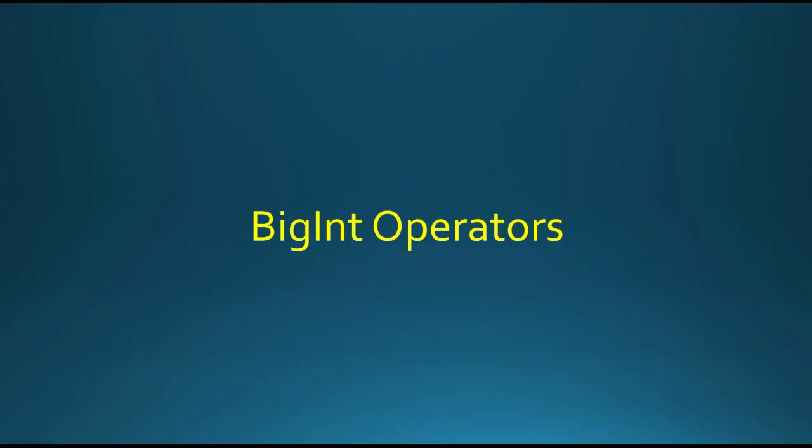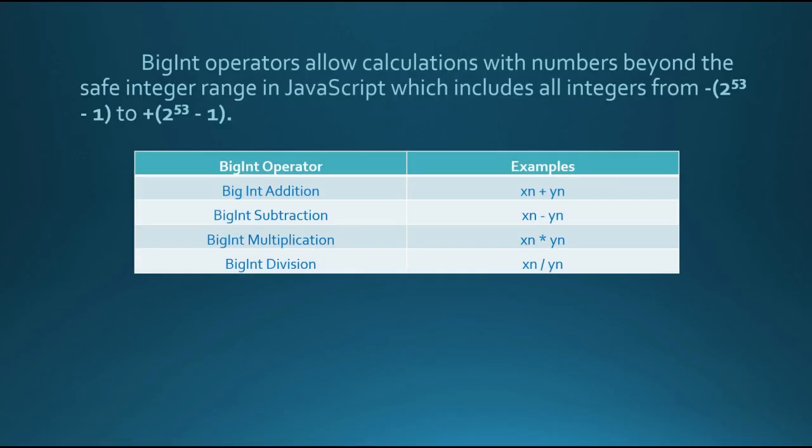BigInt. BigInt is a built-in numeric data type in JavaScript that allows representing integers with arbitrary precision, exceeding the maximum safe integer limit of 2 to the power of 53 minus 1 for standard numbers. BigInt operators allow calculations with numbers beyond the safe integer range in JavaScript, which includes all integers from minus (2 to the power of 53 minus 1) to plus (2 to the power of 53 minus 1).